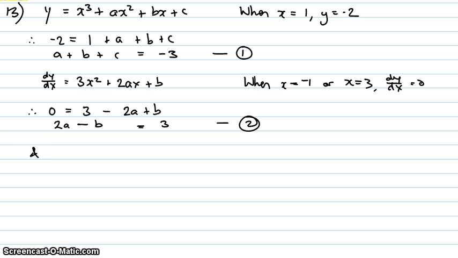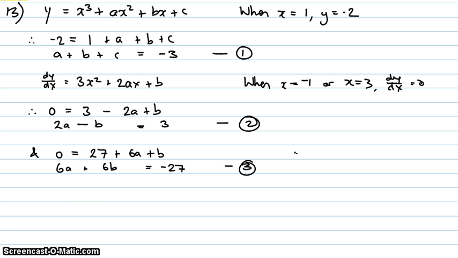And we also know that 0 equals, substituting in x equals 3 this time, 27 plus 6a plus b, or in other words, 6a plus 6b equals -27. And this is our third equation.